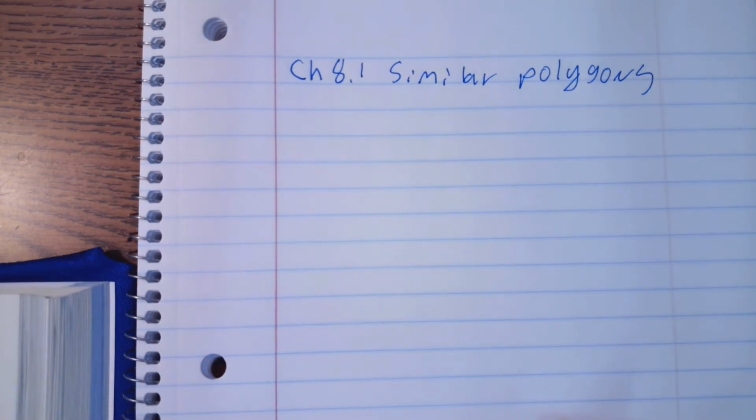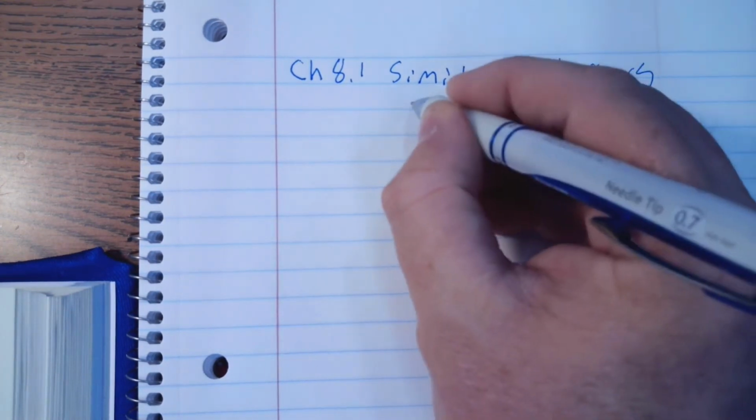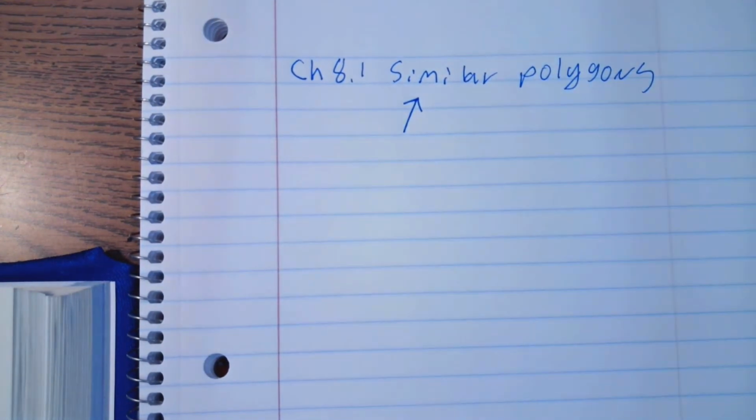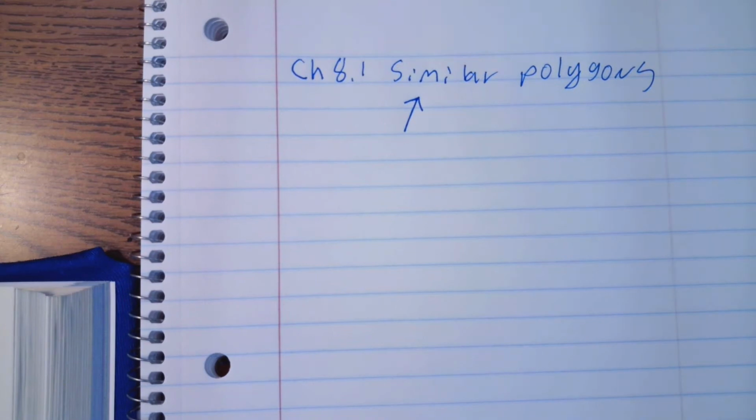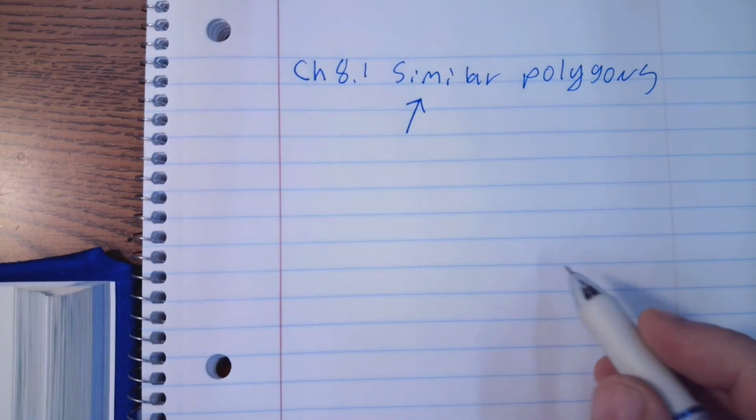In fact, we have no definitions. We are going to have some theorems. And so what we're going to start with is understanding what similar means. And so we're going to write the definition of that. Basically, what similar means is it is the same shape, but different size. Same shape, but different size.